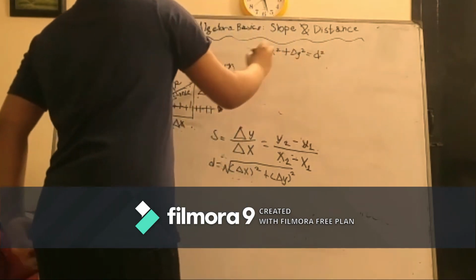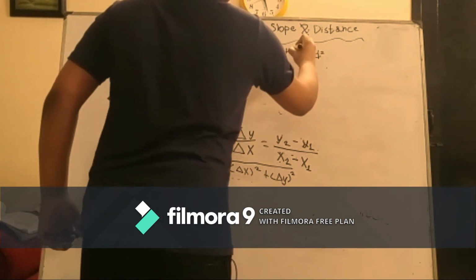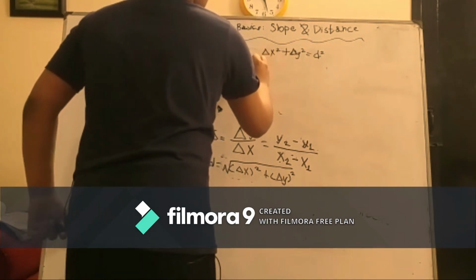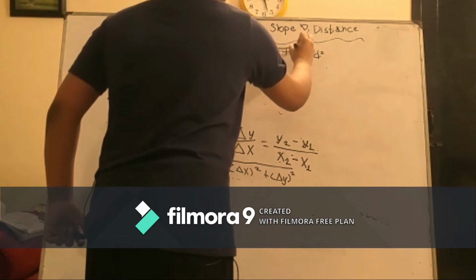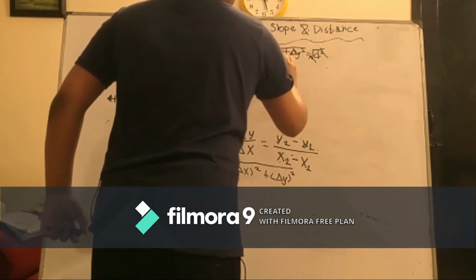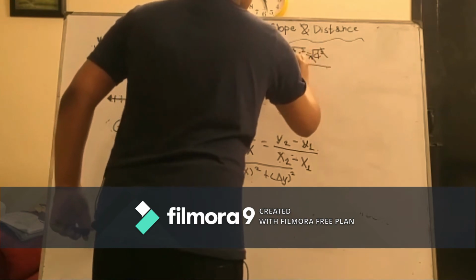Now let's look at how we can find the distance. We have to take the square roots from both sides. Now it goes like this.